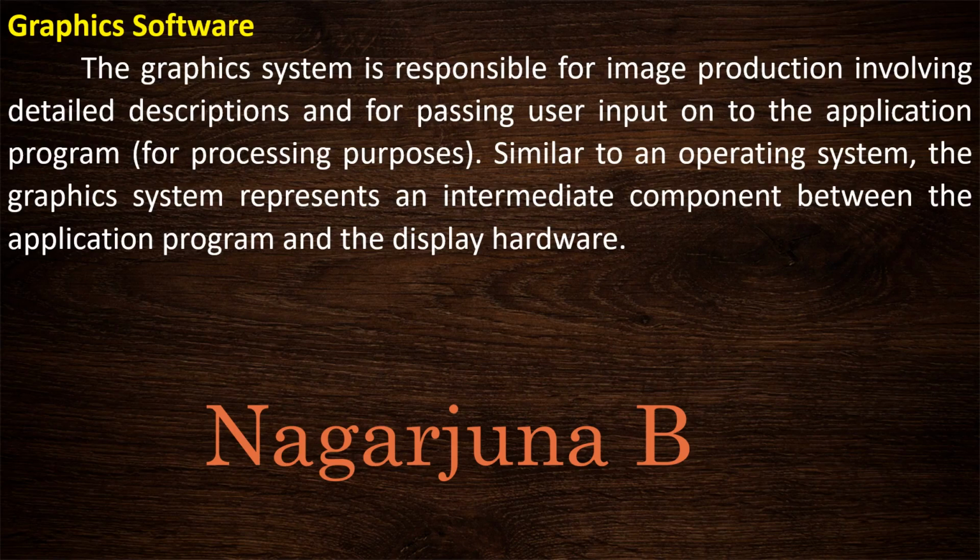So that is how graphics will be created. The first is the application model. The application model will be providing the description of the object or data which has to be displayed, and that will be provided to the application program. In the application program, it will be doing the conversion, and that conversion will be done in two phases.